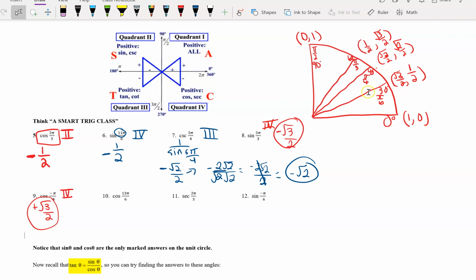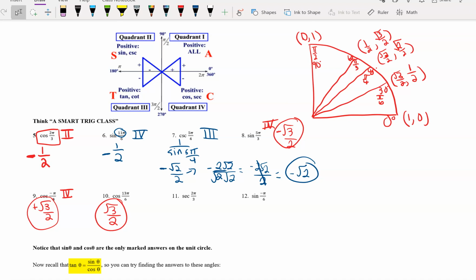So that basically just puts us all the way around the unit circle, and then 1 more pi over 6. It's going to terminate right here at pi over 6. Which means I just need to know what cosine of pi over 6 is, and I'm good. So cosine of pi over 6 is this coordinate here, and it's your x coordinate, which is root 3 over 2. And it's positive since it's in the first quadrant.